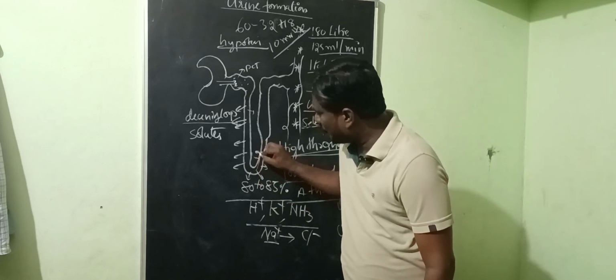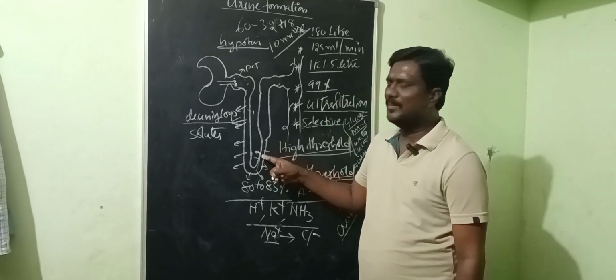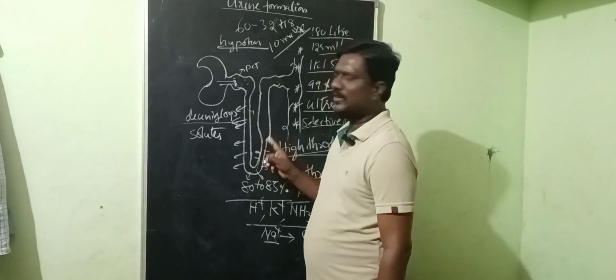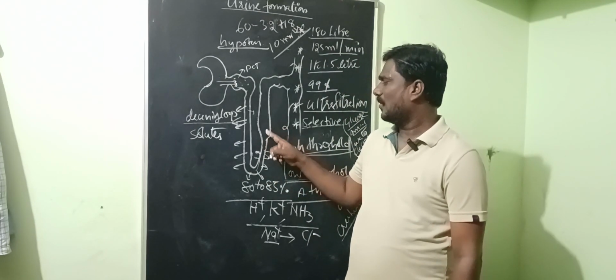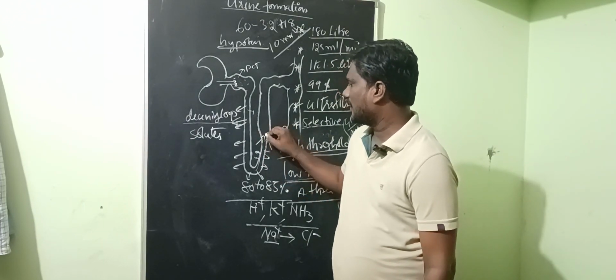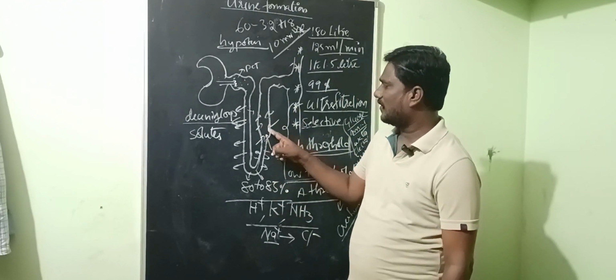When it moves upward, the ascending limb is not permeable to water, only to salts. The salts, sodium, calcium, and potassium, are reabsorbed here, not the water.